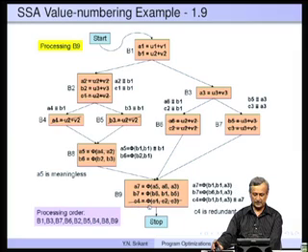Whereas, C4 equal to Phi of C1 comma C2 comma C3, where C1, C2, C3 are equivalent to B1, B1 and A3. C1 is B1 here, C2 is B1 and C3 is A3. So, now observe that A7 and C4 are exactly identical.